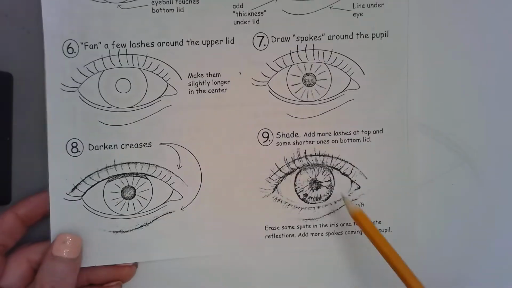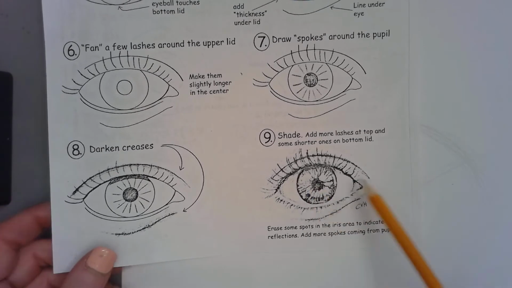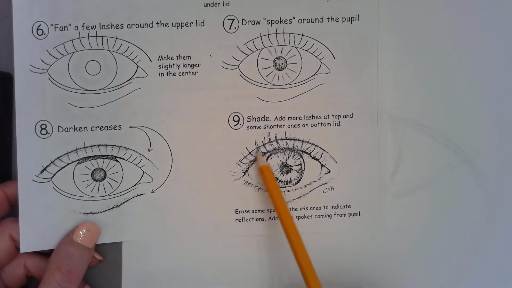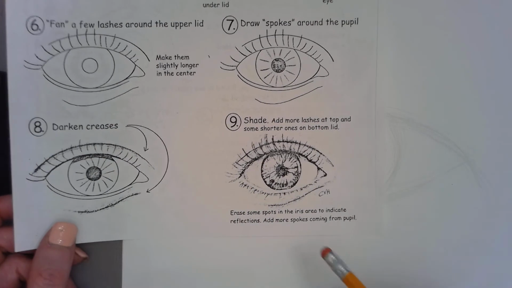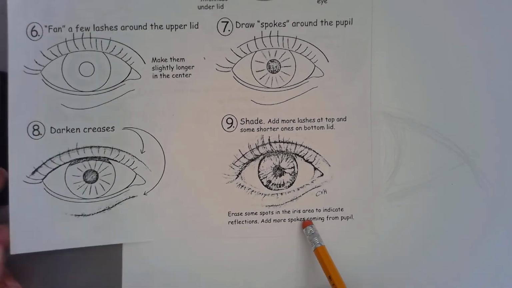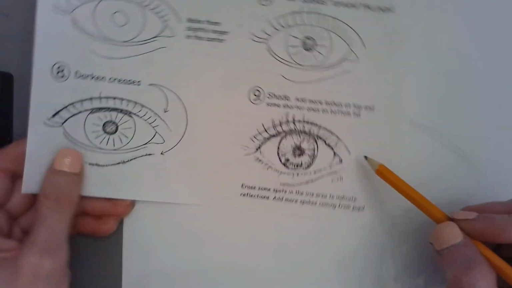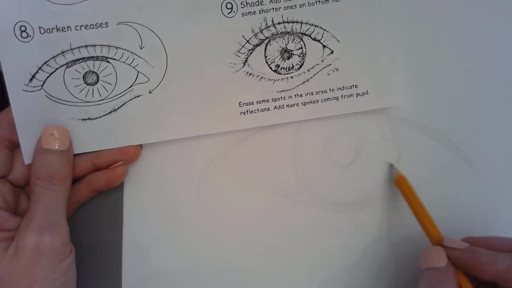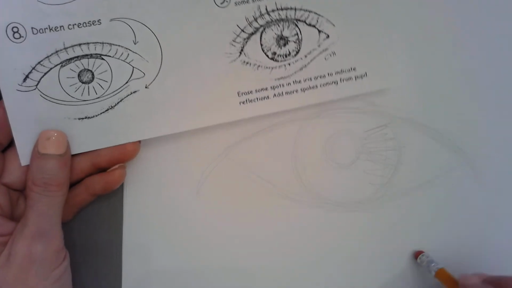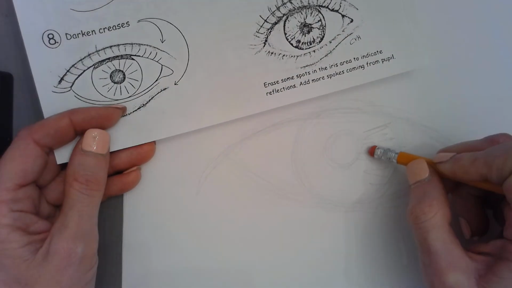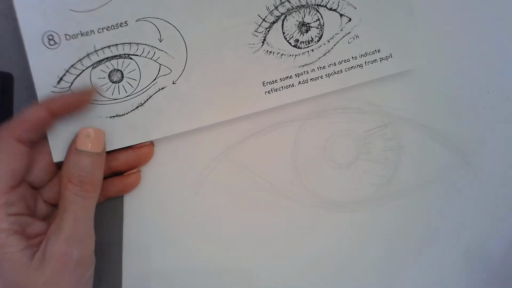And once you got into this part, then you can start darkening things like in here, and you add some of that shading. The other thing too is they say erase some spots in the iris. So this iris here where the color is, let's say it gets darker. I'm not doing a good job right now, but go in and erase some of those highlights.